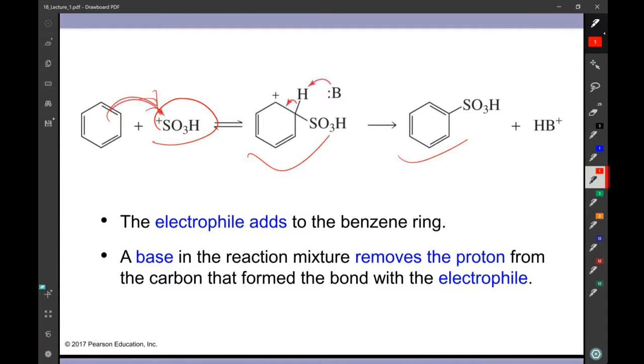Again, I will repeat it: it's the same step as any other reaction, electrophilic addition, then removal of a proton. The only difference here is how the electrophile is generated. Once you generate the electrophile, the reaction follows the same pattern.